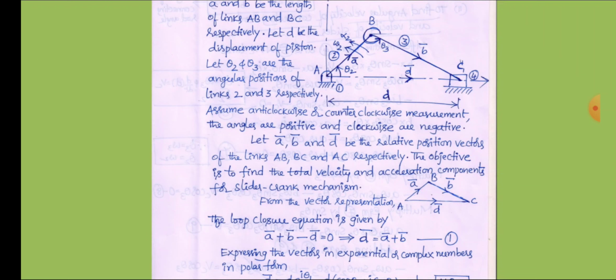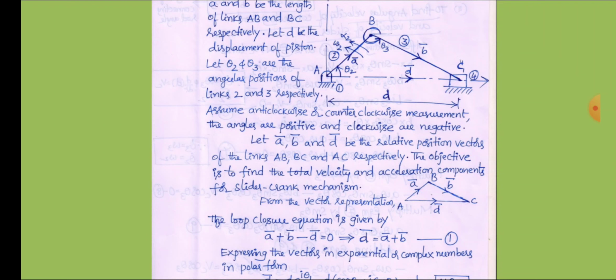Now, after representing the vectors, let us assume omega 2 is the angular velocity of the crank, which rotates in anti-clockwise direction. Please remember, all anti-clockwise measurements are positive, clockwise are negative.